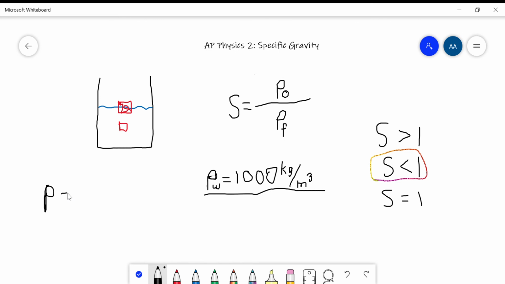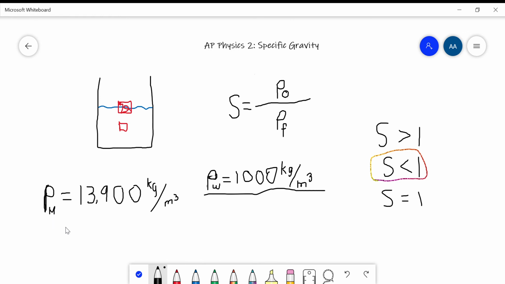Mercury, as it turns out, actually has a pretty high rho, much higher than water. 13,900 is actually the value, again in kilograms per meter cubed. So that is the density of mercury, and I'll put rho M.